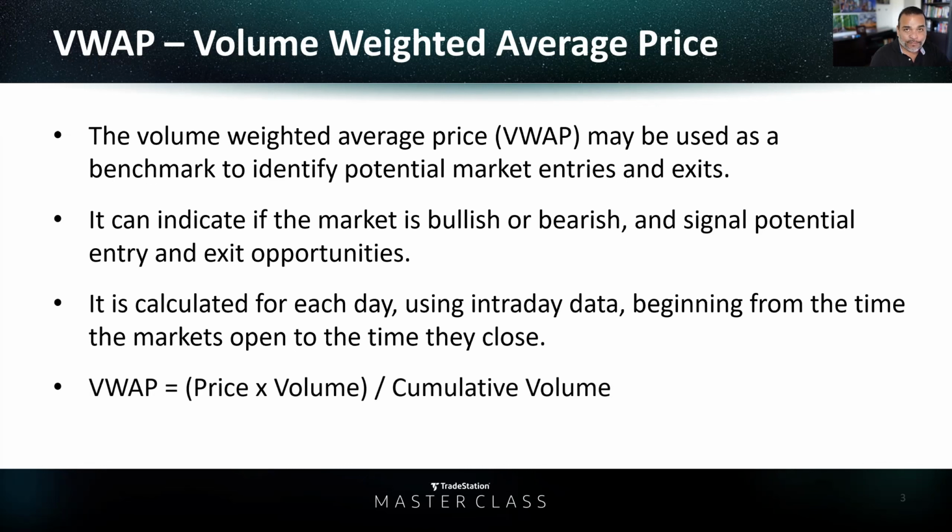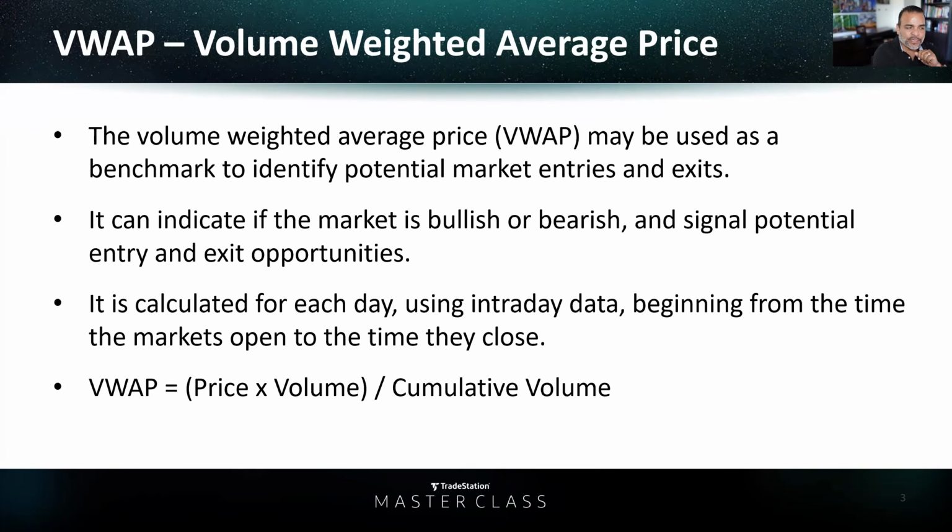So VWAP, or the formula itself, is going to be volume times the price that volume happened at, divided by the cumulative volume. I think I am missing something here, because it's not just price times volume, it is the summation of all the prices times the volume that you have to keep in mind in order then to divide by the cumulative volume.